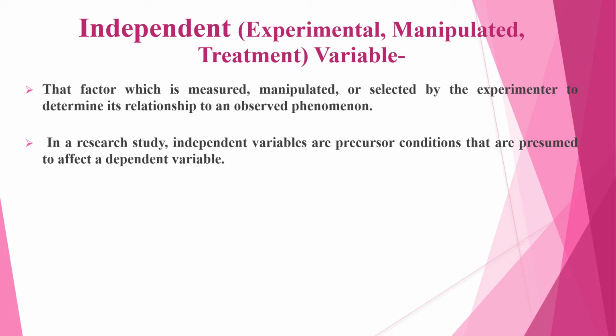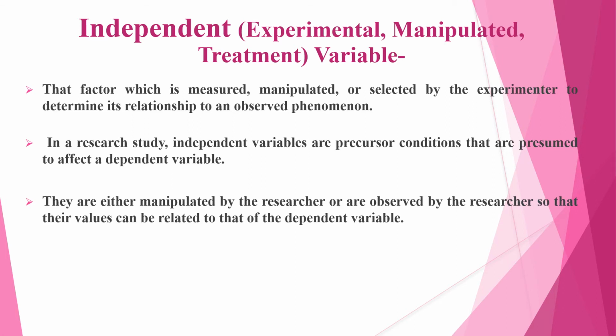It is the factor which has some effect on the dependent variable. So if we can change the independent variable, we can have some modification in the dependent variable also. That is already somewhat understood by the researcher, which is why it is known as the precursor condition.